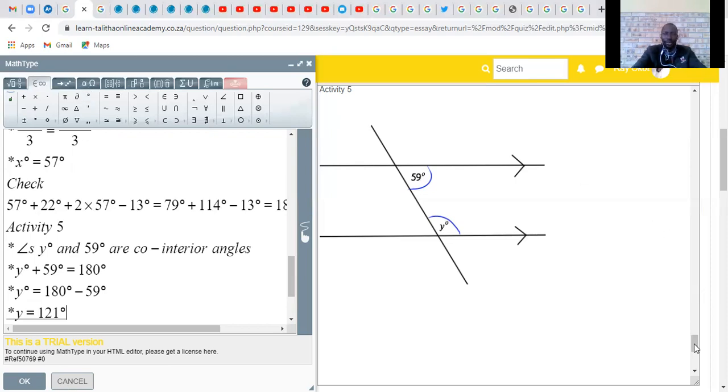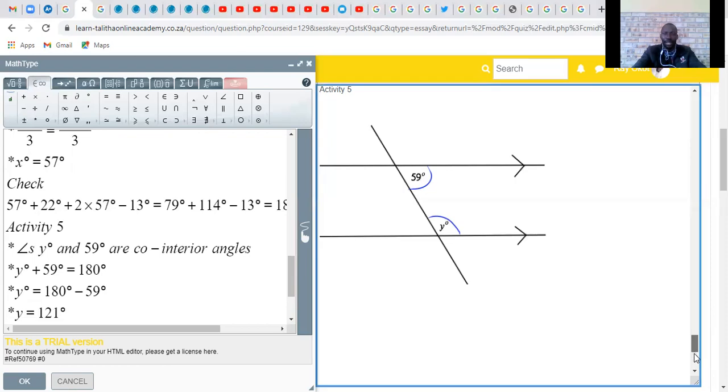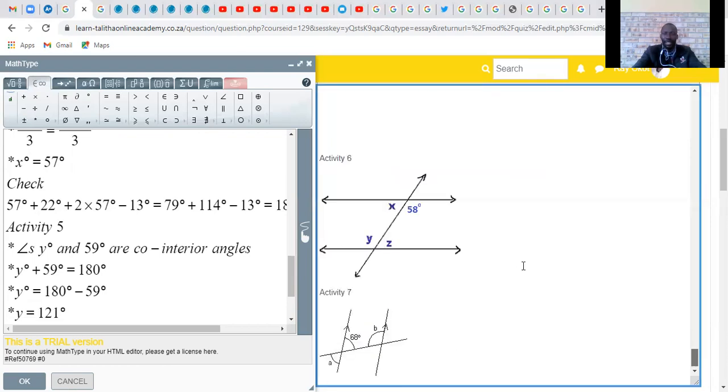Now, we still have 2 more activities here. Activity 6 requires you to find the value of z. When you find the value of z, you will notice that angle z and angle x are opposite angles, they are the alternate angles.